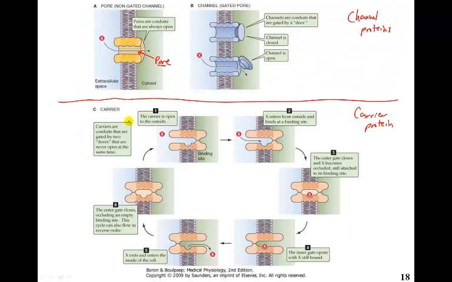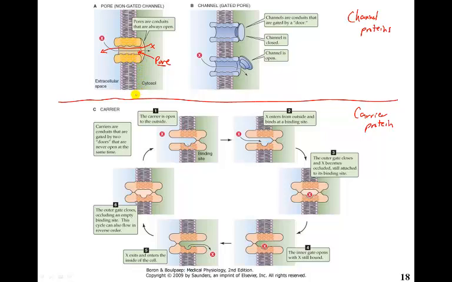So, being just a hole, these guys can't force things to go one way or the other. So the drawing is showing X passing from extracellular space to the cytoplasm, but X could just as easily pass the other way. Okay, the protein can't control that.